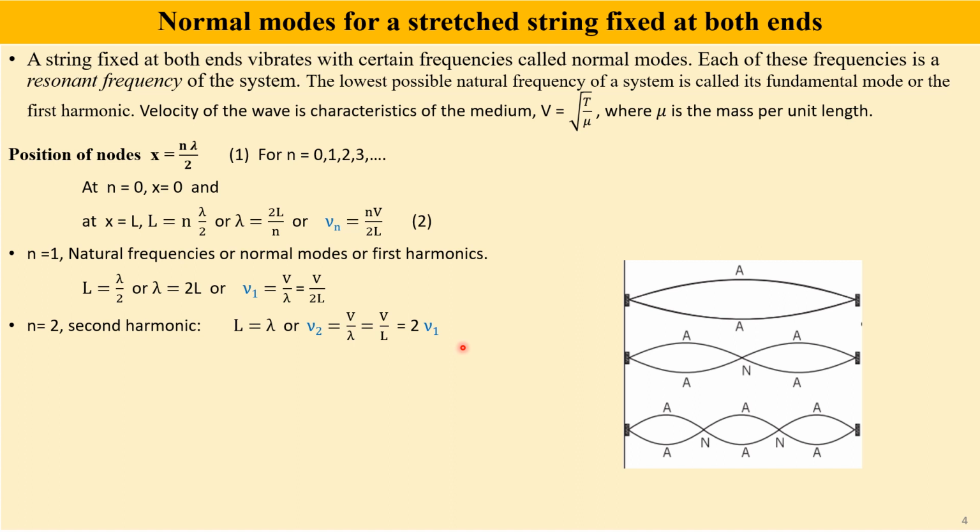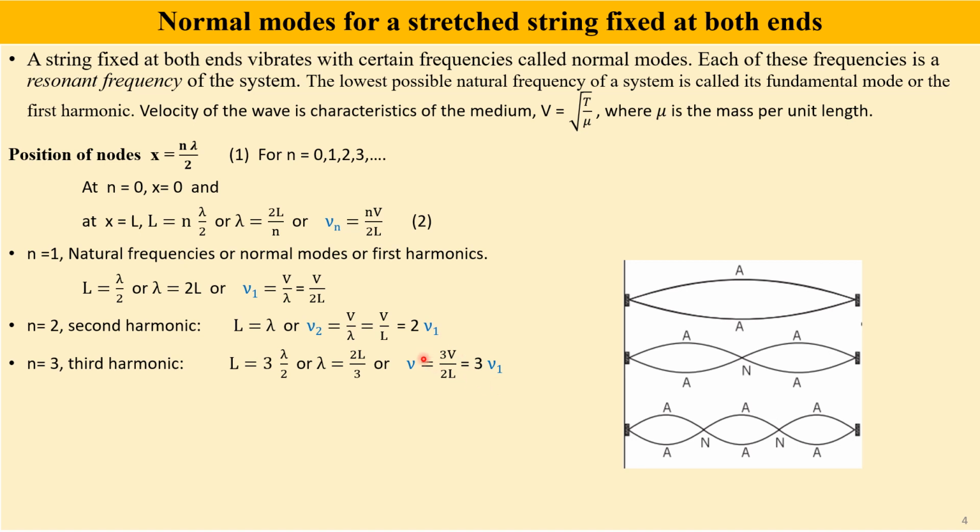Now we will further proceed to determine the third harmonic. In equation 2, put n is equal to 3 to find the third harmonic. We get L is equal to 3 by 2 lambda, or lambda is equal to 2 by 3 L, and nu 3 will be equal to 3v by 2L, that is 3 into nu 1.